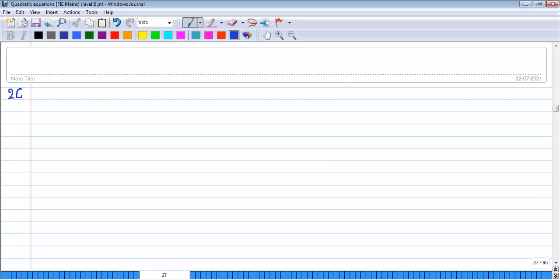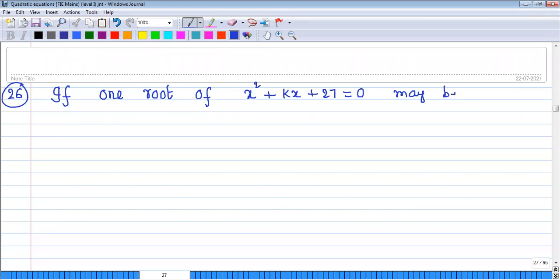26th question. If one root of x square plus kx plus 27 equals to 0 is triple the other.